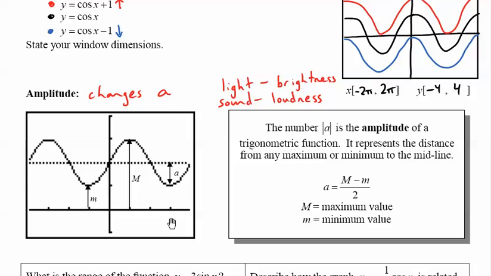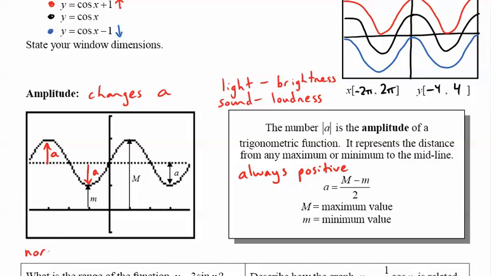And amplitude is just the height of the wave. So just taking a look from the middle line, amplitude tells you how far above you are from the line or how far below you are from the middle. And amplitude is always positive. And it's also half of the distance from the minimum value to the maximum value.